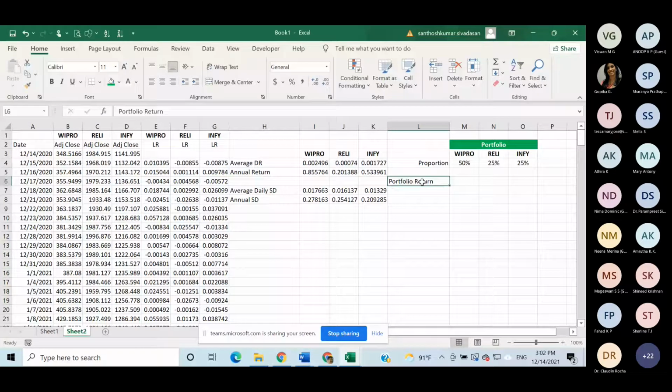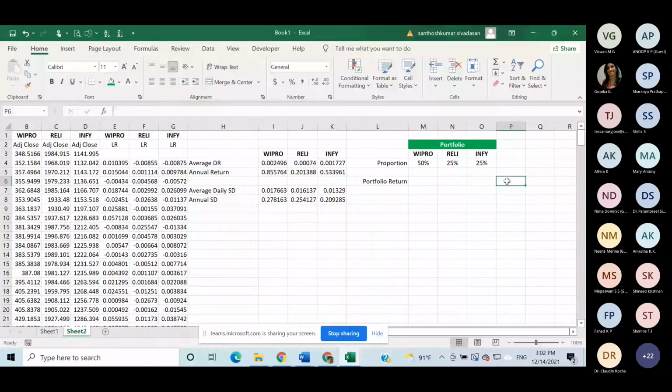So here we can compute the portfolio return. Portfolio return is equal to this proportion into this annual return.